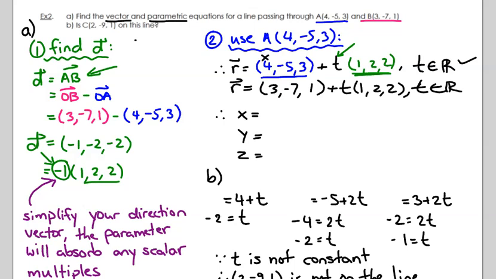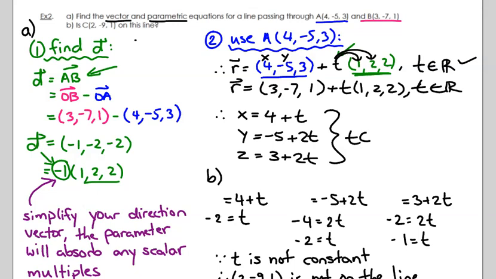Your x is over here, 4, plus the t times your x is 1t. Okay, for the y's, it's -5, right here, plus 2t. And then this is 3 plus 2t. And all of these have to say t belongs to all real numbers.